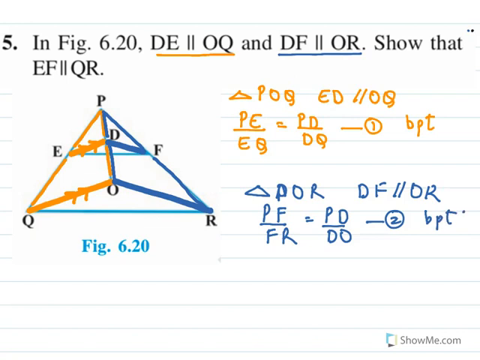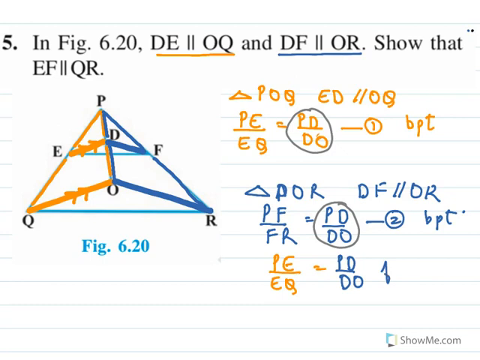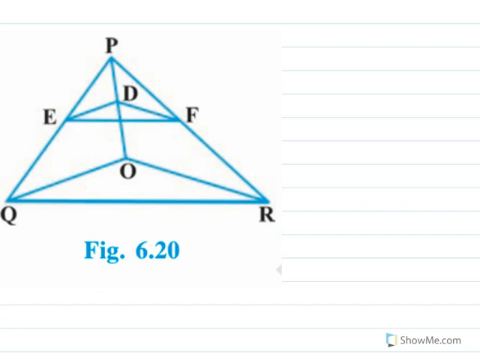If you observe both of them, you find something common, and that is PD over DO here, PD over DO here, which means now I can say that PE over EQ is equal to PD over DO. This is from 1 and 2.